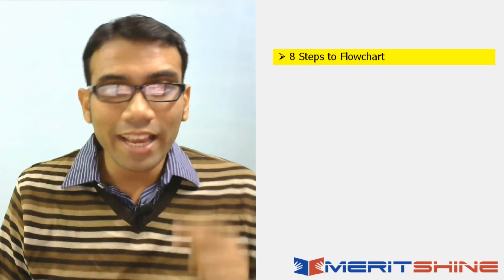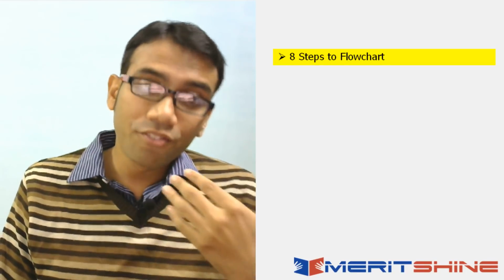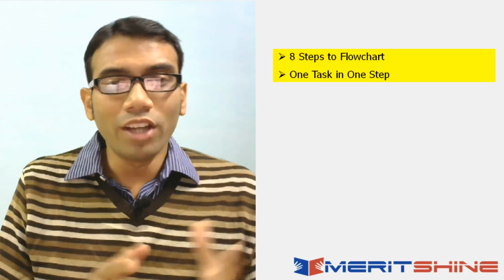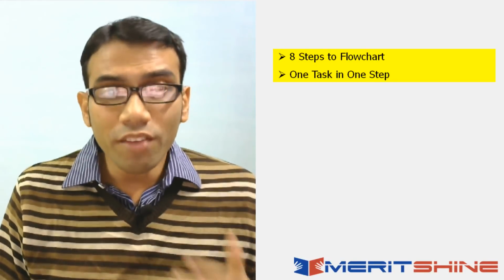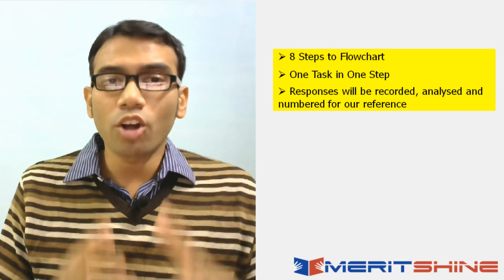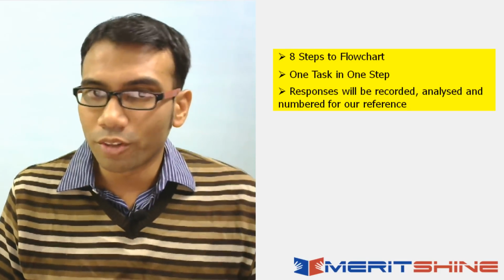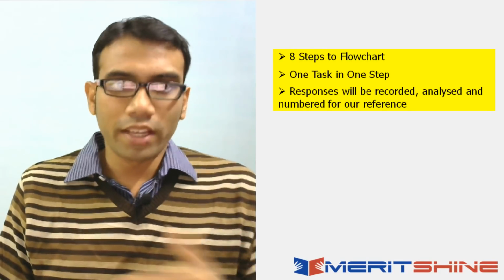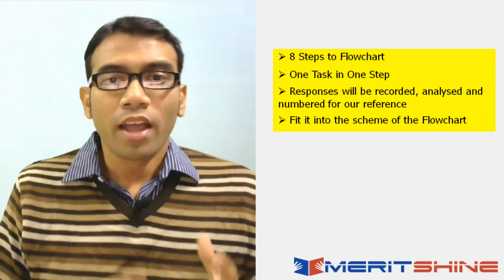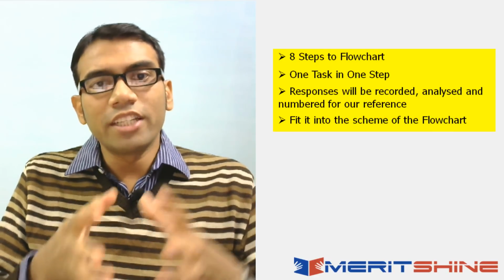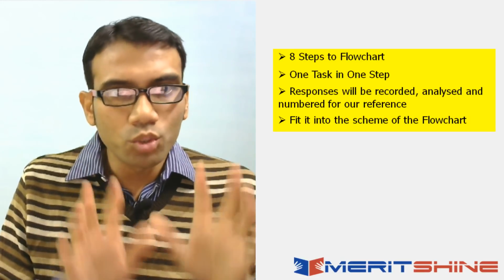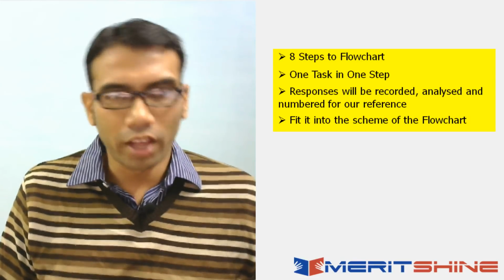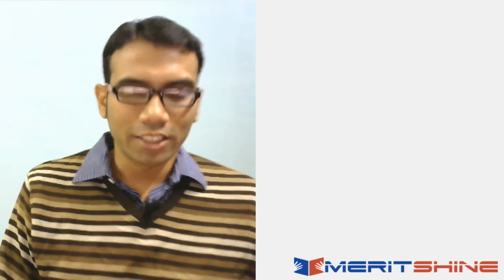These 8 steps would come in the form of one task to CJ. CJ would respond to them. We will number these responses, record and analyze them, so that we can refer back to them, and then we will fit them into the scheme of the flowchart. So this is what we are going to do today. Is it clear? Okay, let's start.